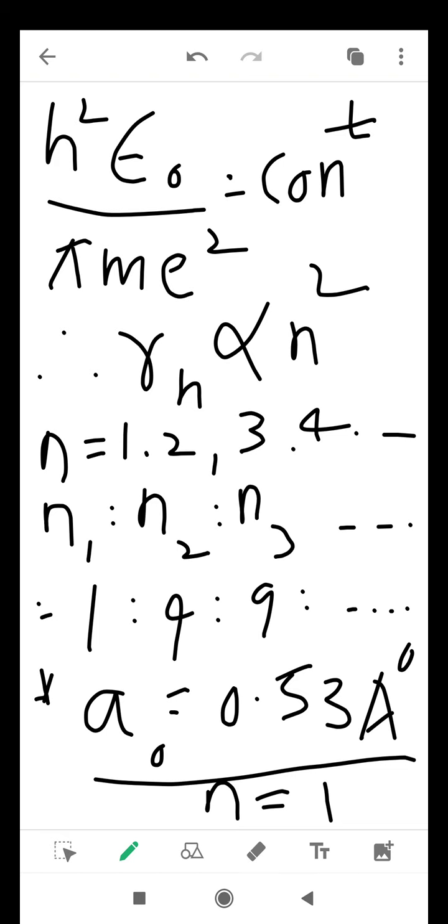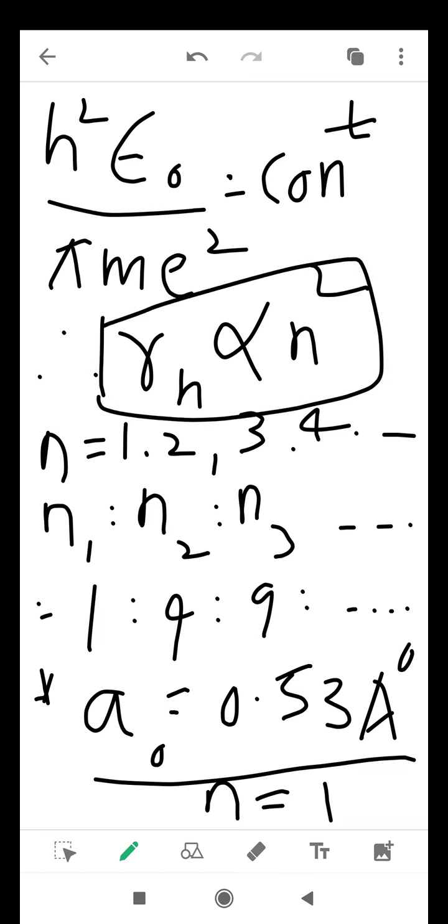Equation number 4 gives the radius of an orbit of hydrogen atom. In this we studied that Rn is directly proportional to n square, and the Bohr's radius is 0.53 angstrom by considering n equal to 1.